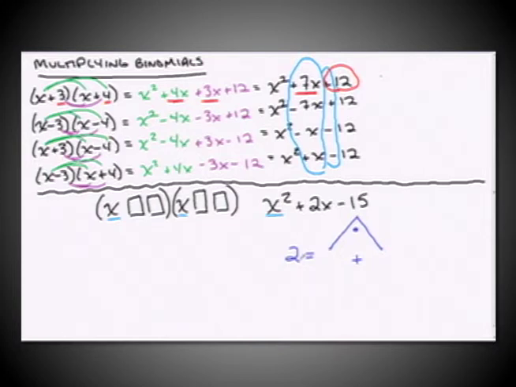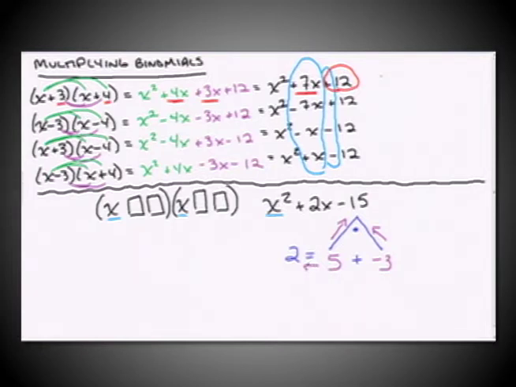So those values that I'm looking for in this case are going to be positive 5 and negative 3. So when I multiply positive 5 and negative 3 back up, it gives me negative 15. And when I add them, I get positive 2. So those are the factors that I'm looking for.